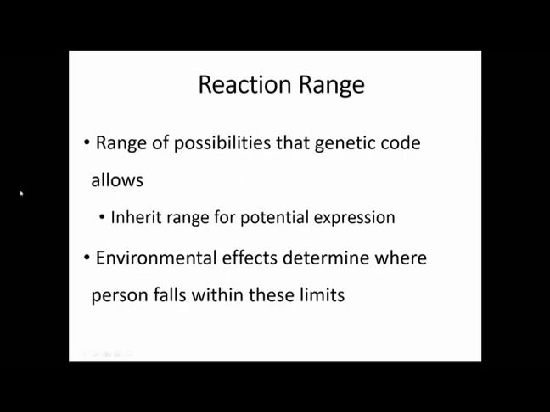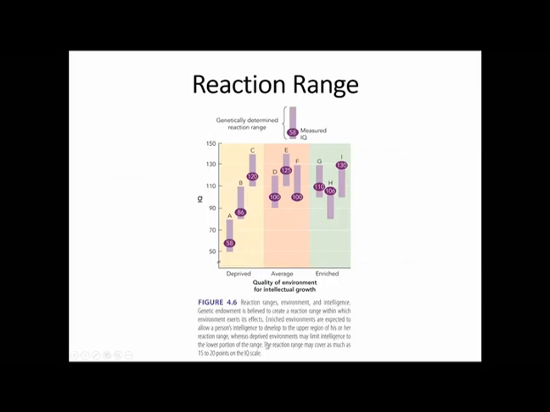And again, as always, for those who are more visual learners, we have an image of this here. And again, straight out of the textbook. So we can look at one of these units here, where this light purple bar in the background is going to be that genetically determined reaction range.